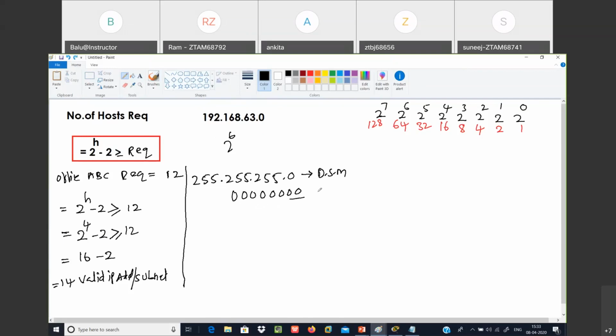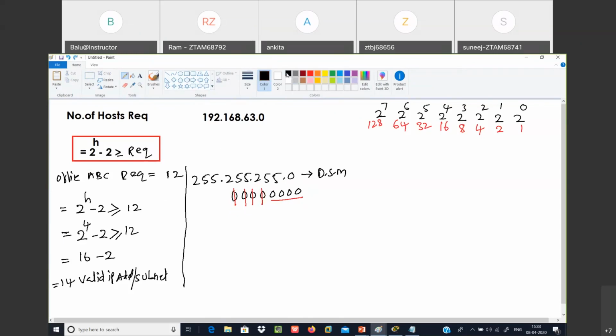But for our example, what is the power value here? 4, right? So leave just 4 zeros and convert the remaining. In this example, the number of host bits is 4 and the number of network bits is 4, but it is not like this for all scenarios.